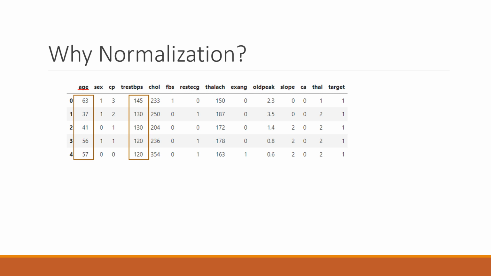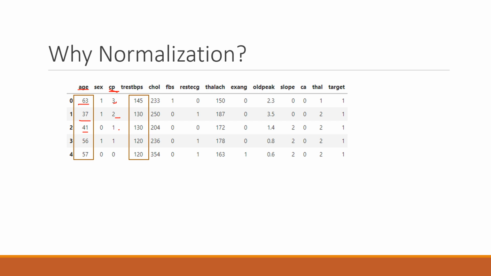So the values are like 63, 37, 41. But if we look, for example, at CP, it's 3, 2, 1. So it's difficult to compare the values of age with the other features, like the CP feature.